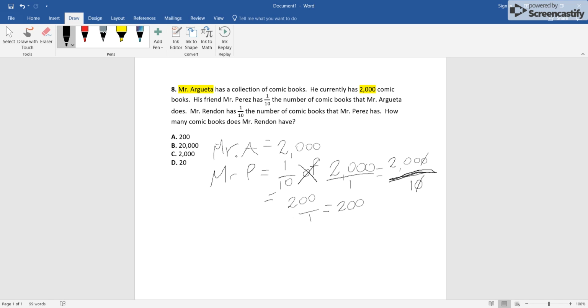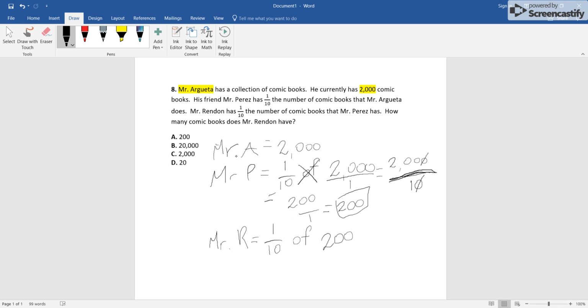Now let's go to Mr. Rendon. So I'm going to put Mr. R. Okay. He has one-tenth of the number of comics Mr. Perez has. So Mr. Perez, we found out he had 200. So we're going to put 200.